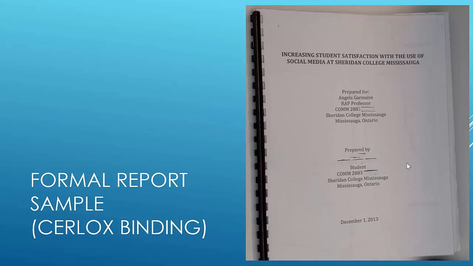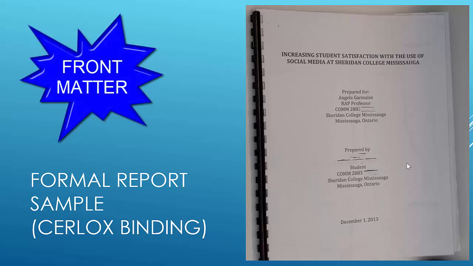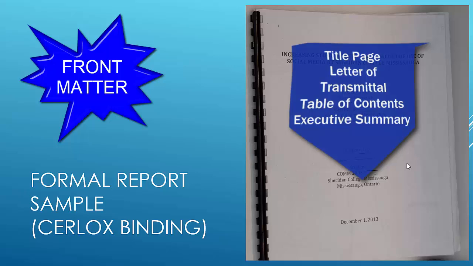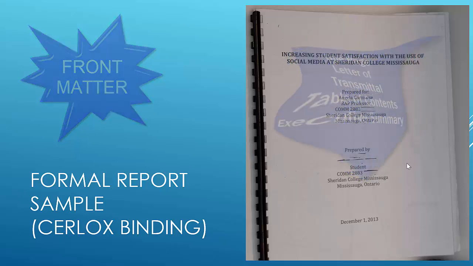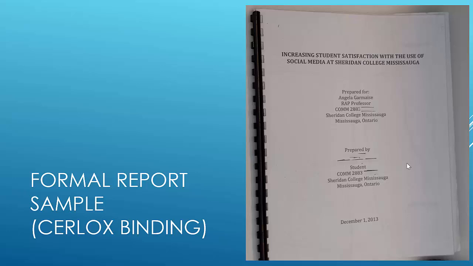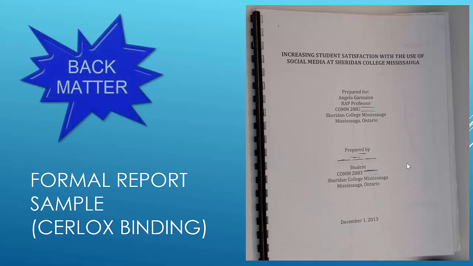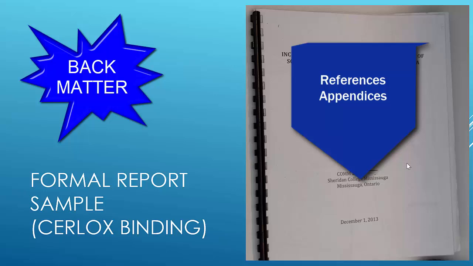Obviously, all of this costs money and is therefore usually reserved for reports that contain other formal elements before or in front of the report called front matter, such as a table of contents and an executive summary, and often contains materials after the report called back matter, such as references and appendices.